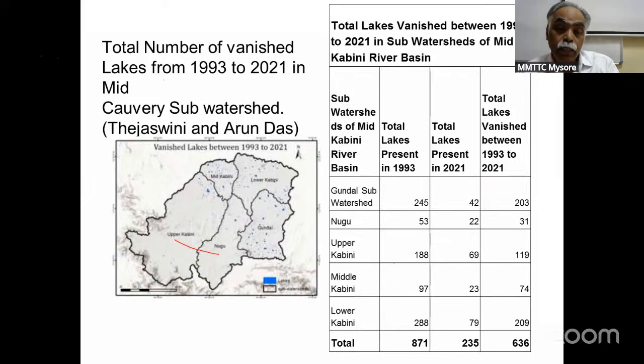The reason is the exorbitant drilling of borewells. The extraction through borewells results in the total depletion of groundwater, and the depletion of groundwater results in the drying of lakes. So within a span of just 20-30 years since 1993, we have lost 636 lakes.